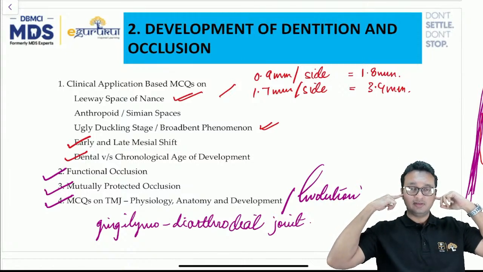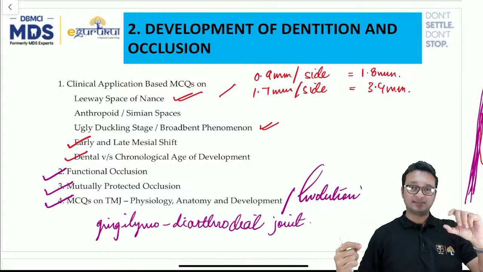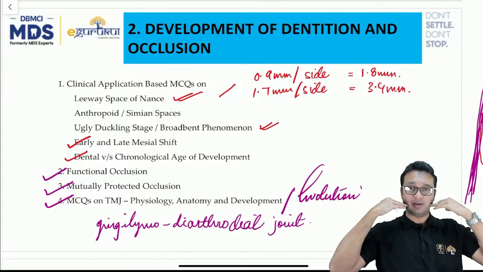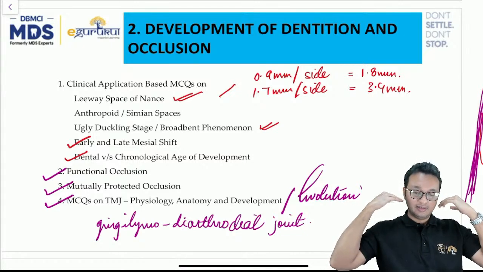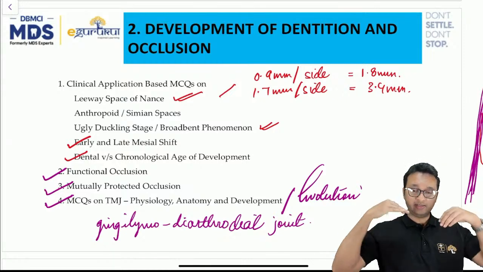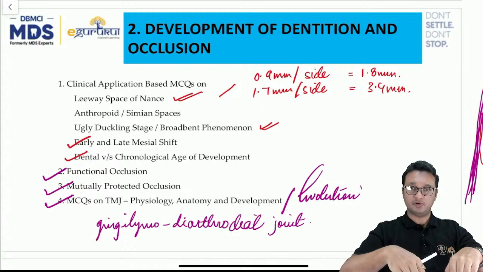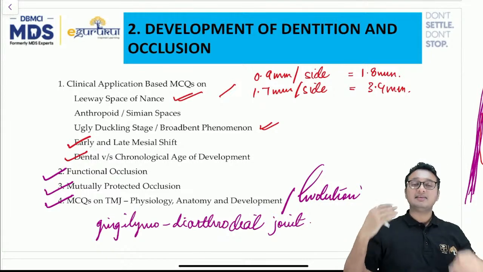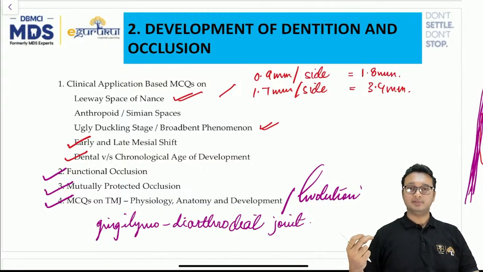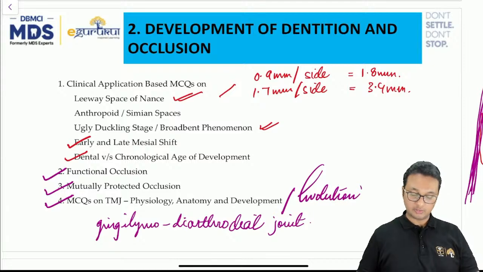Then up to 10 or 20 degrees of mandibular opening, the axis shifts downwards at the mandibular foramen, and the anatomy of the glenoid fossa leads to translation of the mandible forward. Hence the pure hinge movement converts into a translative movement of the mandible. So questions like that you will be asked.